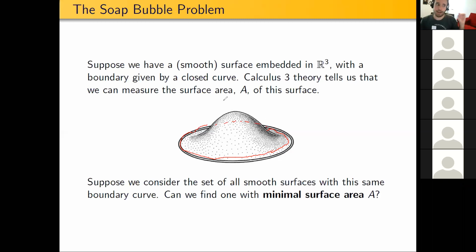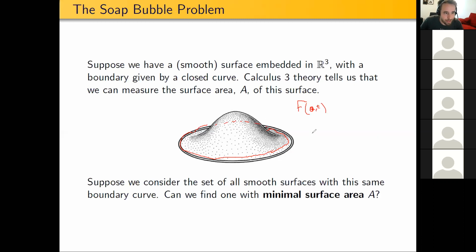If we think back to Calculus 3, theory tells us that we can measure the surface area of such a surface by setting up an appropriate parameterization. Those of you who are in my geometry class also saw things like this. You can set up an appropriate parameterization of the surface, like an f of s comma t.